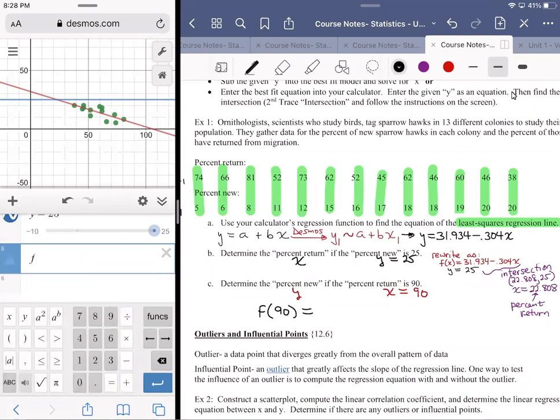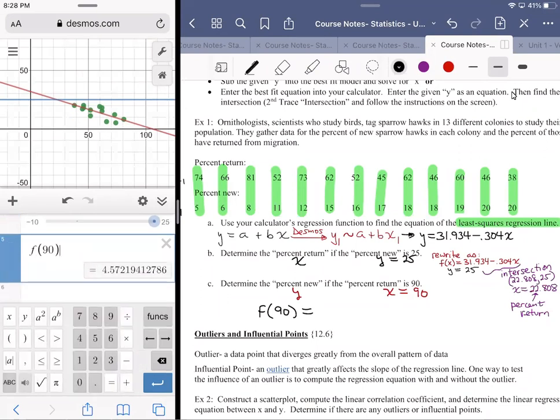So I could just type in f of 90 and it'll spit out the correct answer, right? This gives us the y value when x is 90. All right, so that's about 4.572. And that's the percent new, because that's what they're asking for here.